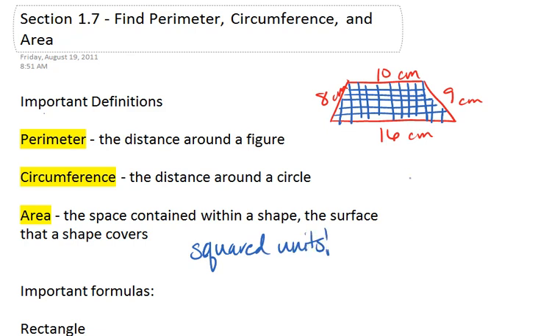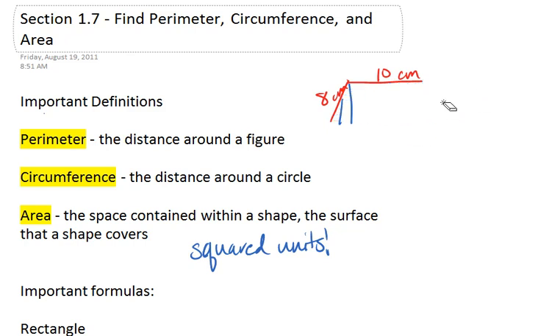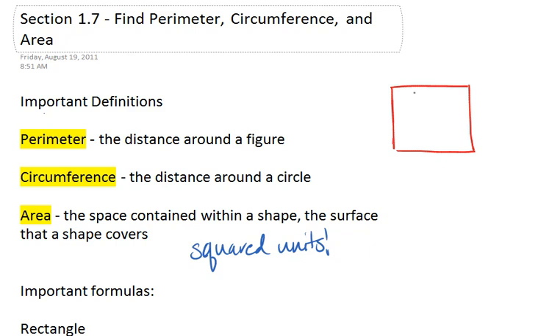For example, if we had an actual square as our figure, let's try to make this even. There we go.